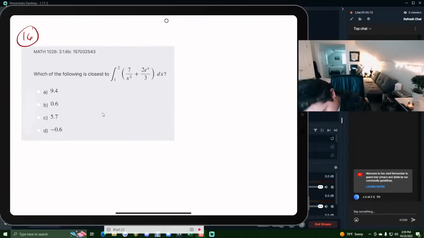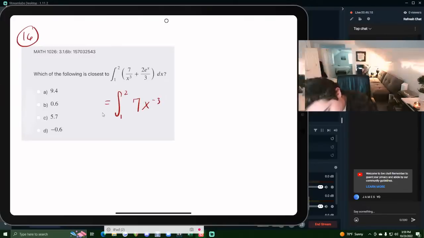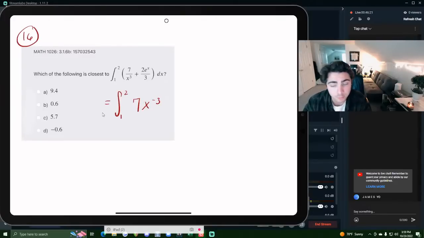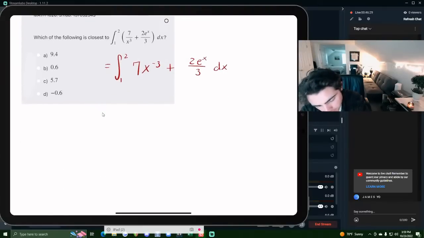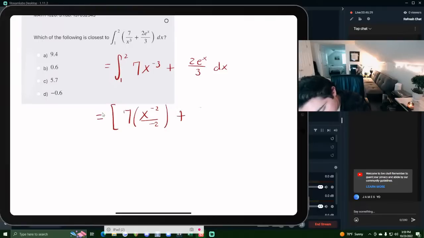We're going to rewrite this integral as 1 to 2, 7x to the -3, rewriting the x term that was on the bottom up top as a negative exponent. So finding the antiderivative of each term, the 7 can stay. We add 1 to the exponent to get -2. Divide by -2. We add 2.